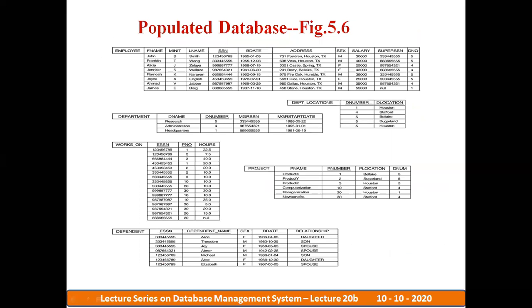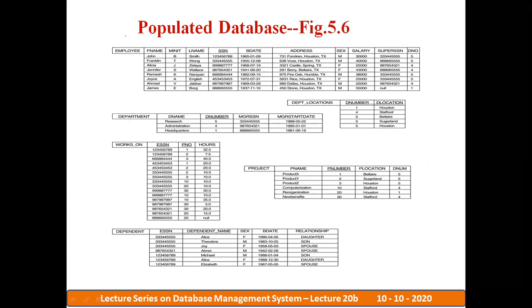And this is what the populated values look like, meaning this is the relation state of the database. Employee has 8 rows, department has 3 rows, department location has 5 rows, and works on has these many values inserted. On this, we are going to execute the queries and get the values.